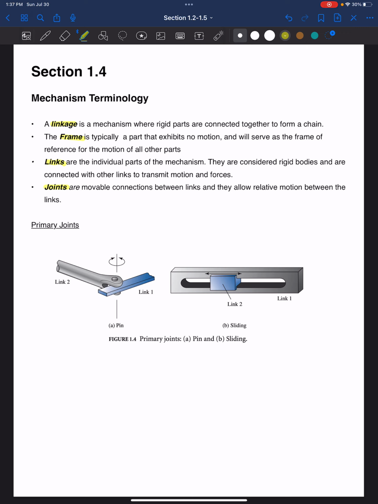Okay, so we're going to look at some types of joints now, and the first joint we're going to look at is a primary joint. A primary joint allows only one type of movement.